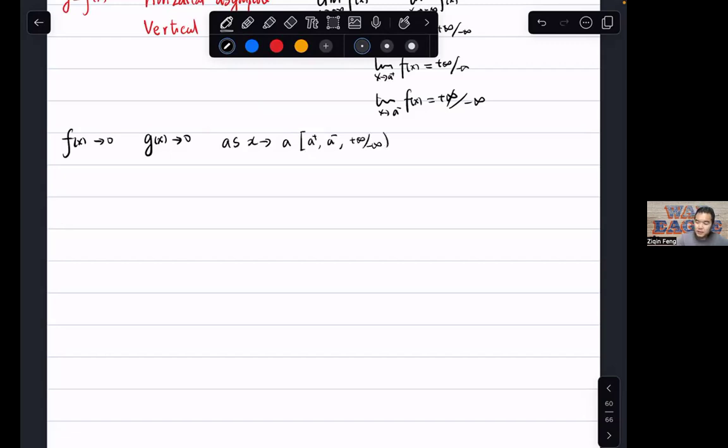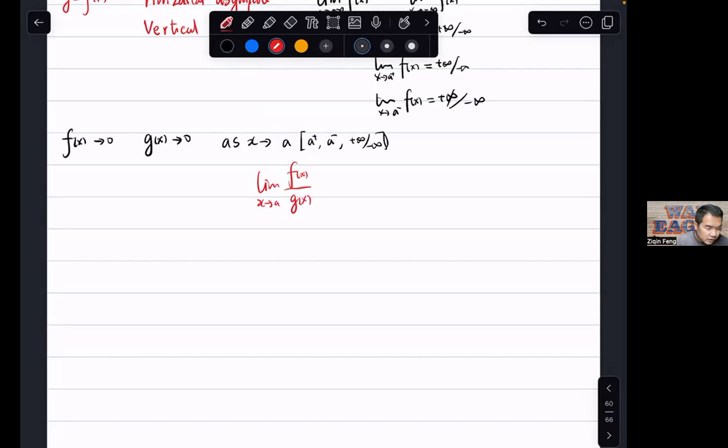It doesn't matter, as long as you just try to evaluate a limit, right? Then if you want to calculate the limit of their quotient as x goes to a, f of x over g of x, you cannot plug in a, because if you plug in a, you get 0 over 0.